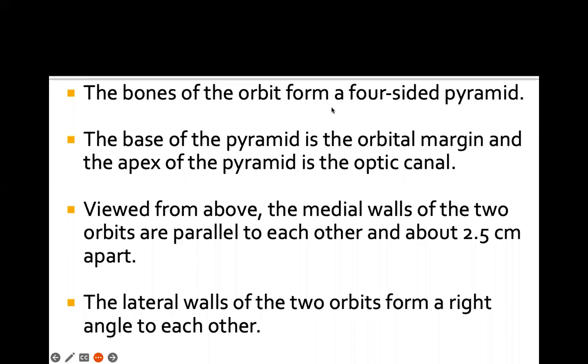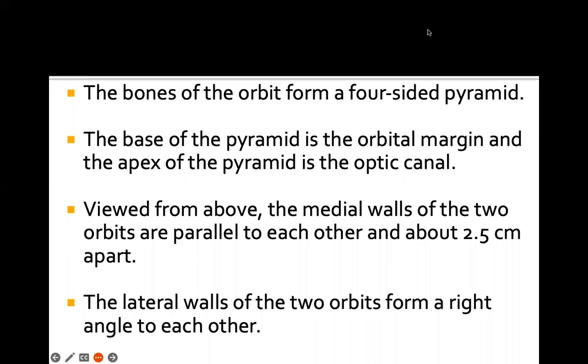The bones of the orbit form a four-sided pyramid. And here I want you to note, okay, start thinking of the shape of a pyramid, the Egyptian pyramid or the pyramid you drew in your KG or nursery, because we are going to use that pyramid shape to describe a lot of things.